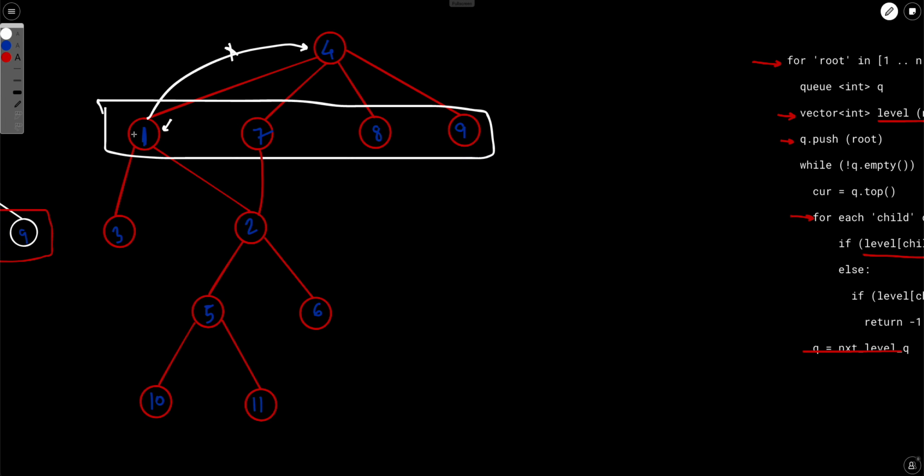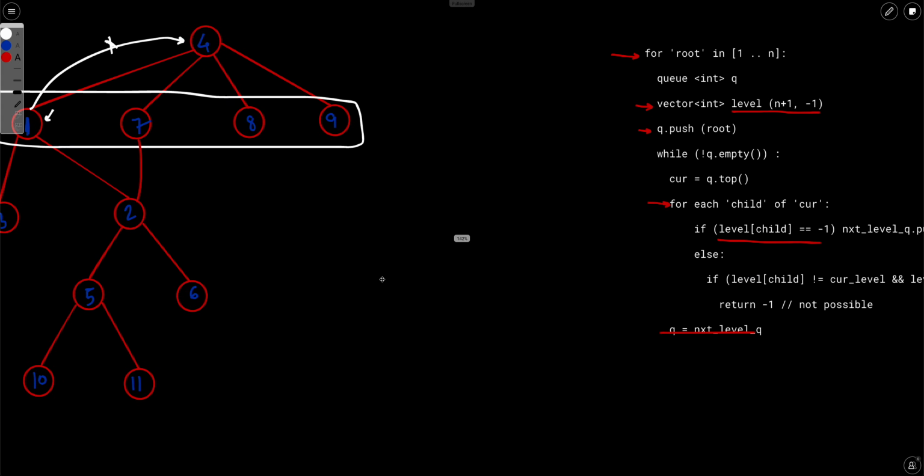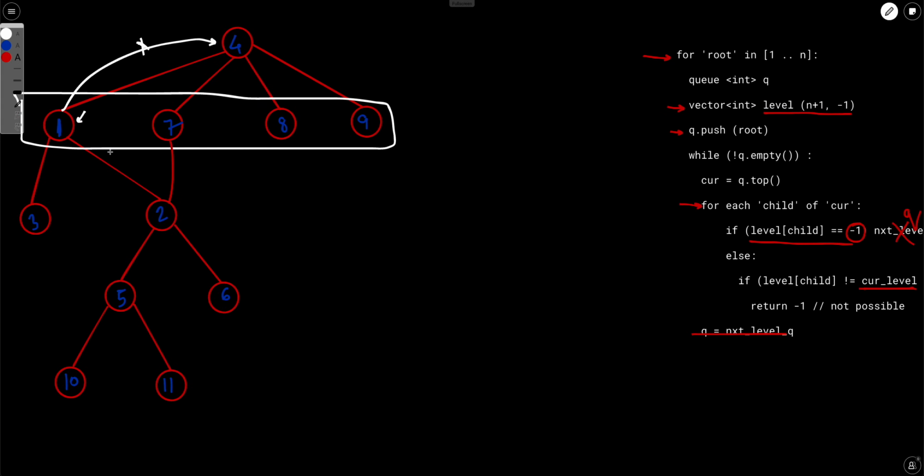Otherwise, if I am pointing to someone which already has a parent, let's say I am pointing to 2, and 2 already has a parent. How could I explain? Let's say there is a node X, and there is an edge like this, right?